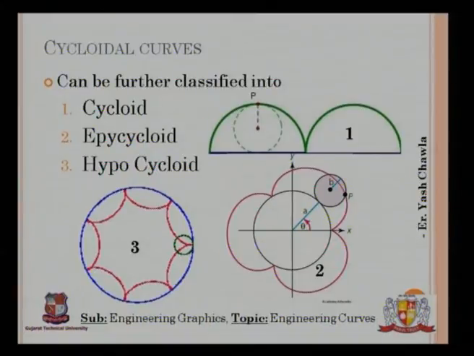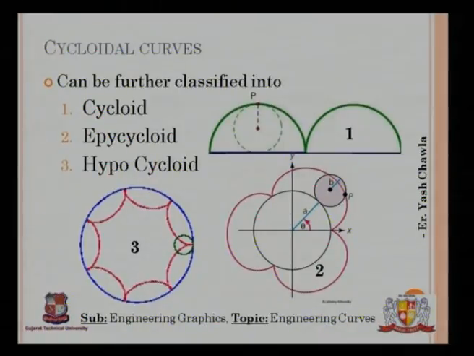As you can see, there is a point P on the circle which is shown in dotted line, and there is a blue line, a horizontal line. Now that circle begins to move, and the line that is traced by that point P will be known as a cycloid. Now coming to point 2, the only thing that is changing is that instead of a straight line, we have a small circle with a point P moving on a bigger circle, and then basically creating what is known as an epicycloid.